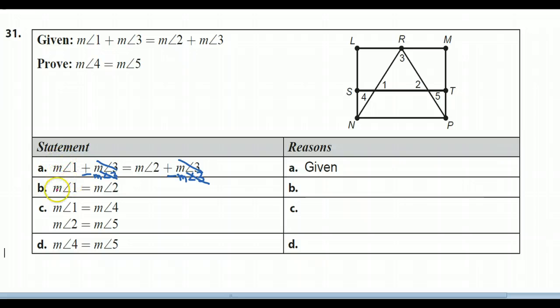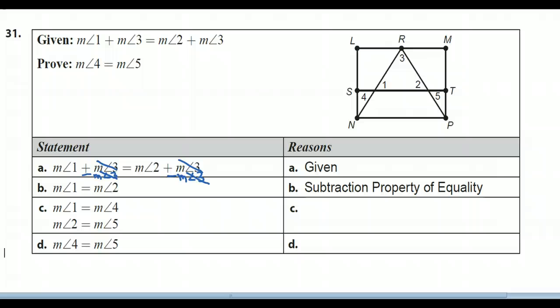Measure of angle 1 on the left, which is what I have in B, measure of angle 2 on the right, which is what I have over here for B. So how did I get from statement A to statement B? I subtracted. So you would write over here, you could write subtraction property or subtraction property of equality is the most correct way. So don't forget that of equality part at the end.